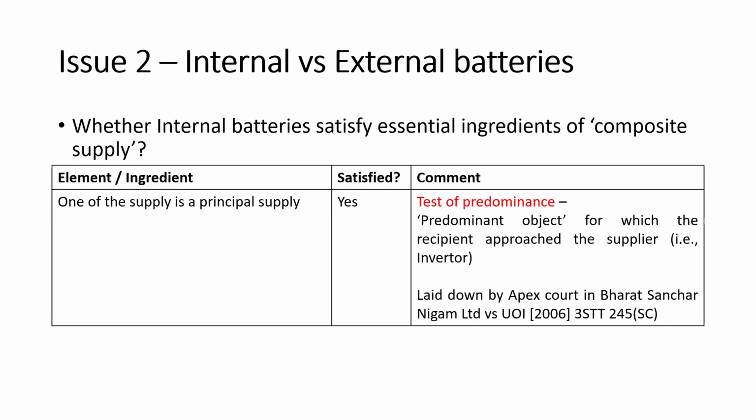The test to be applied if we take central excise says it is not the opinion of a consumer that matters. It is the opinion of a manufacturer that matters. What does the manufacturer think the product is? Is the UPS a UPS without the battery? No, sir. The manufacturer.